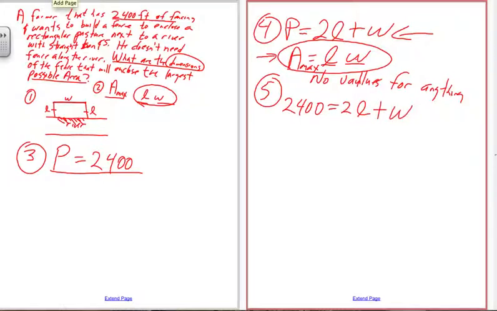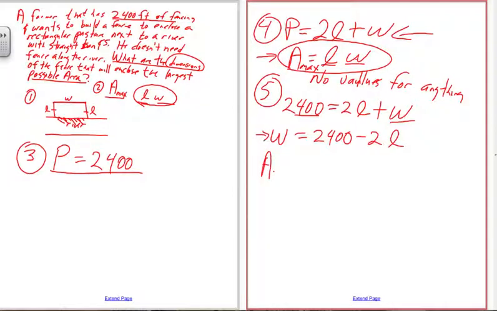So we come back in. Now I've got a number here, okay? So I'm going to solve for W since I only have one of them. So W is going to equal 2,400 minus 2L. Okay. Well, so far, we're coming back into this thing. So now I'm going to plug this in for W into my area.